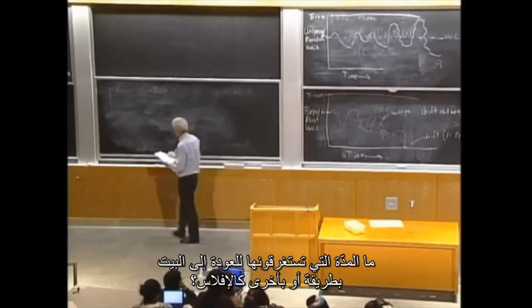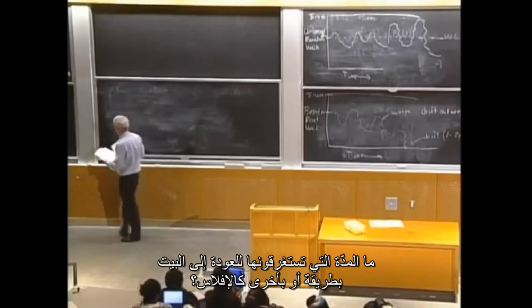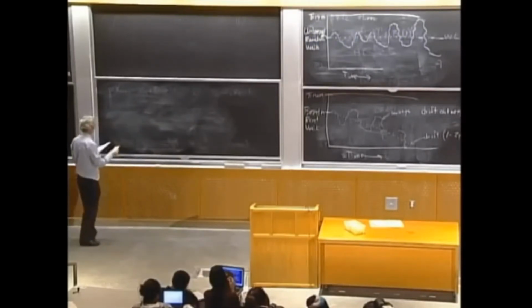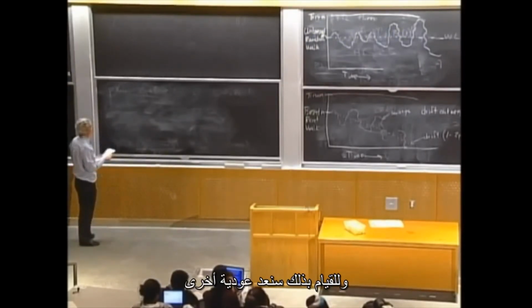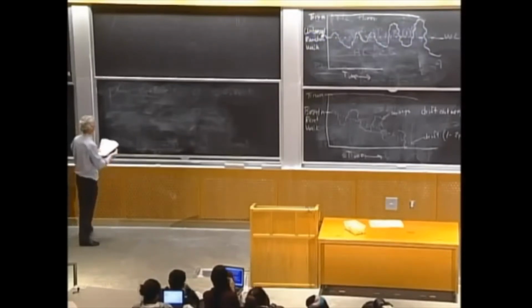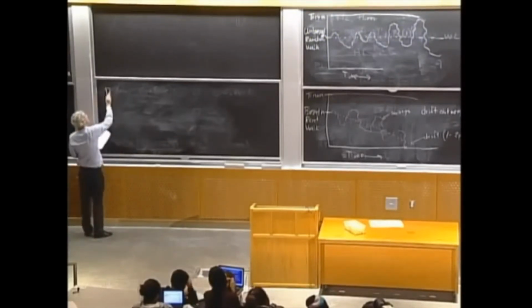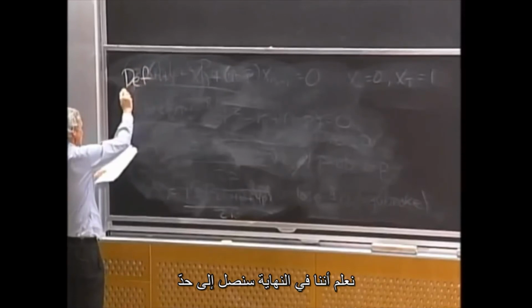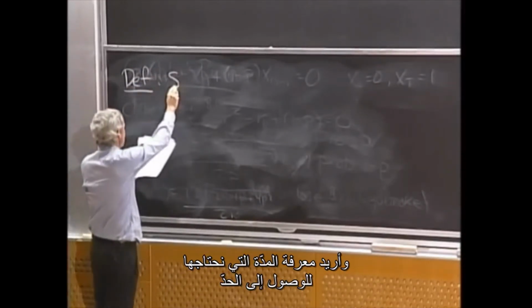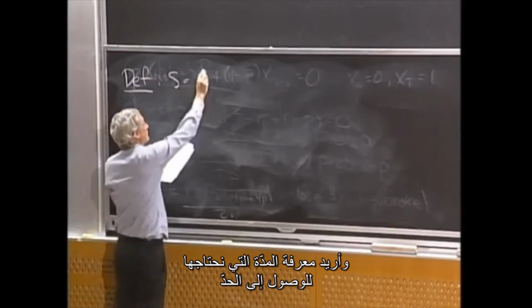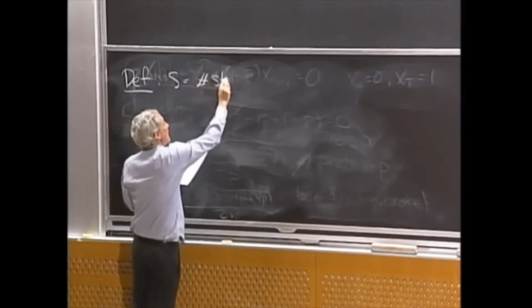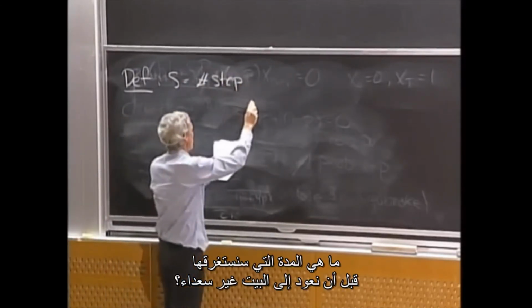How long does it take you to go home one way or another, go broke? To do this, we're going to set up another recurrence. We know eventually we hit a boundary. I want to know how many bets it takes to hit the boundary. How long do we get to play before we go home unhappy?